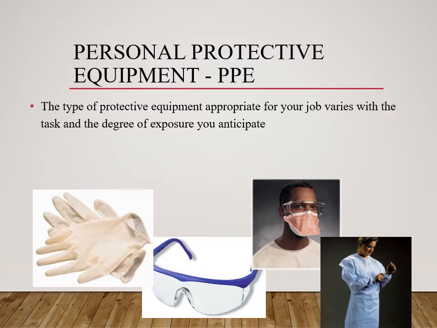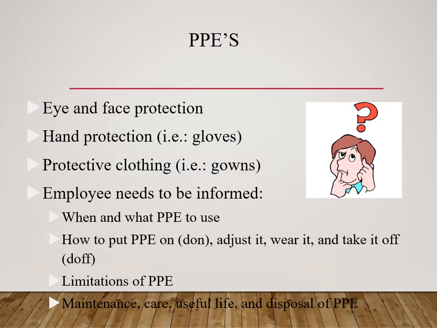The type of PPE, or personal protective equipment, appropriate for your job varies with the task and the degree of exposure you anticipate. PPEs: eye and face protection, hand protection, protective clothing.